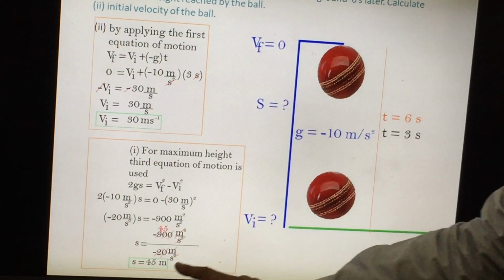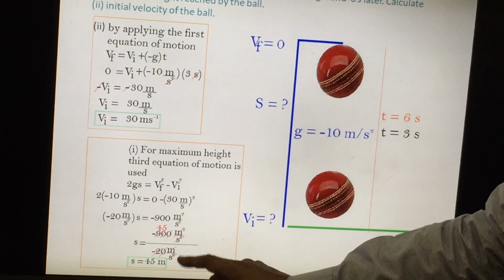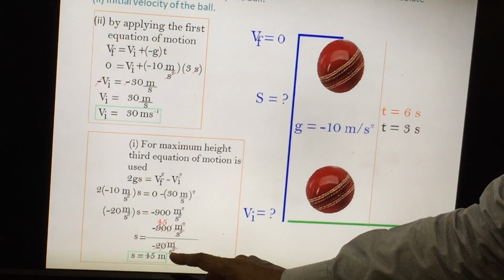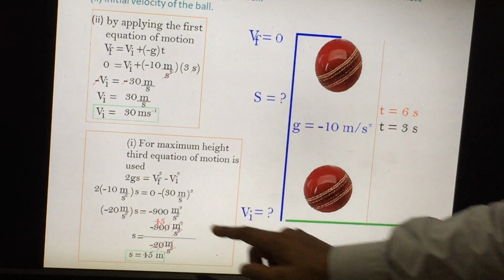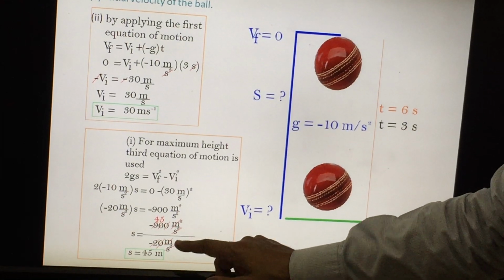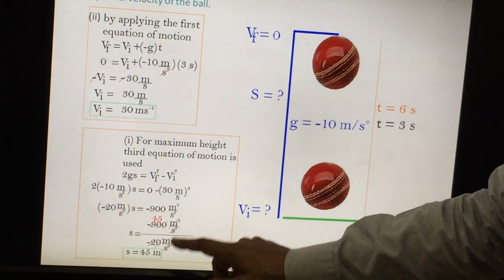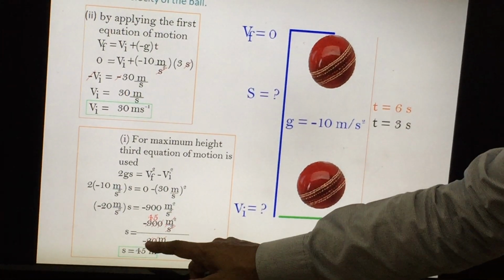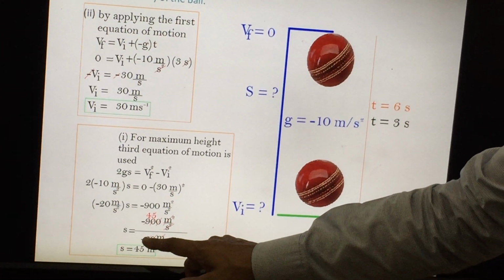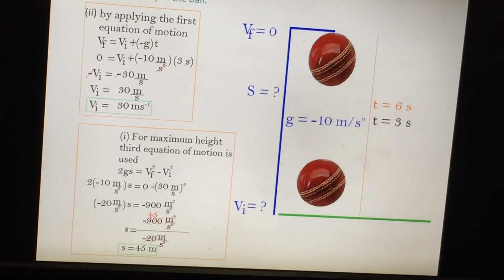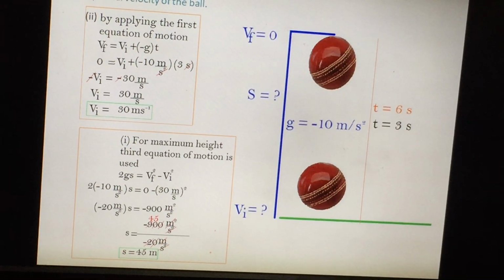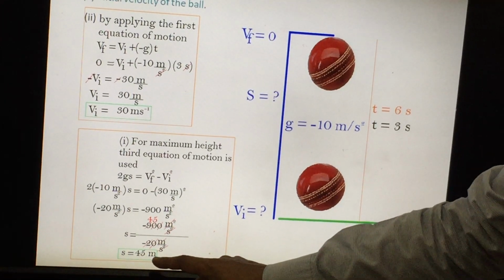So when you divide, second square is cancelled by second square. One of the meter is cancelled with this 1 meter, you will be left with only 1 meter. This 0 is cancelled by this 0. When you divide, we will get 45. This negative sign is cancelled by this negative sign. So S is equal to 45 meter.